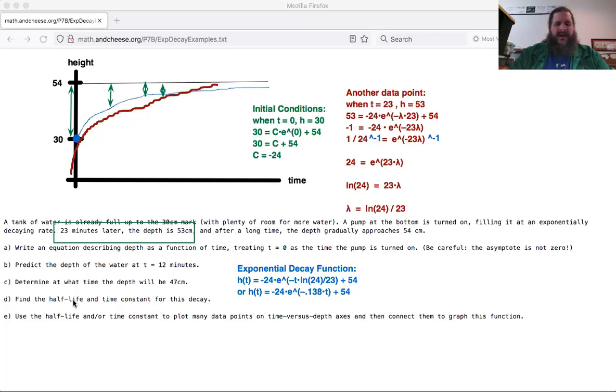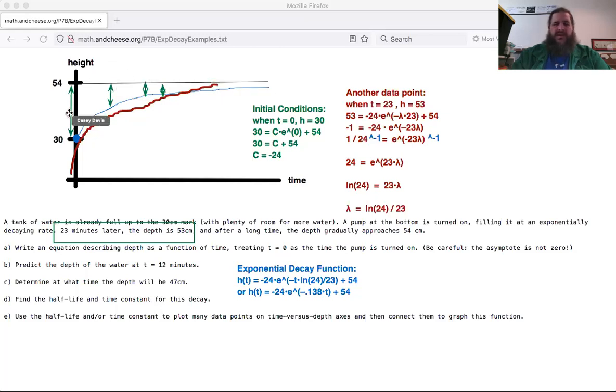What about the half-life? How could you figure out the half-life here? Or what does half-life mean? That's the amount of time it takes for what to happen. Yeah, halfway between the initial value and the final asymptote.